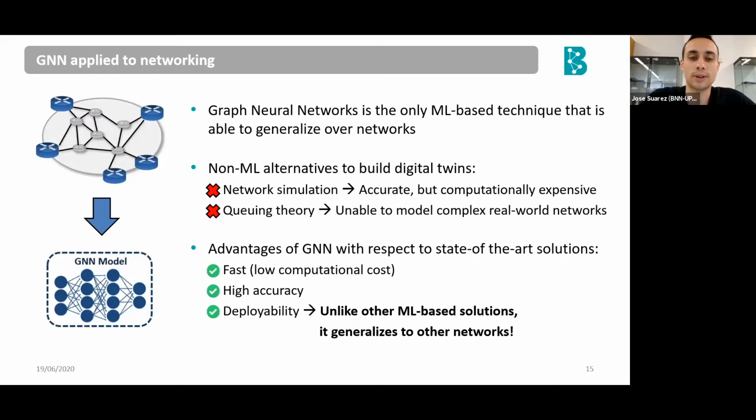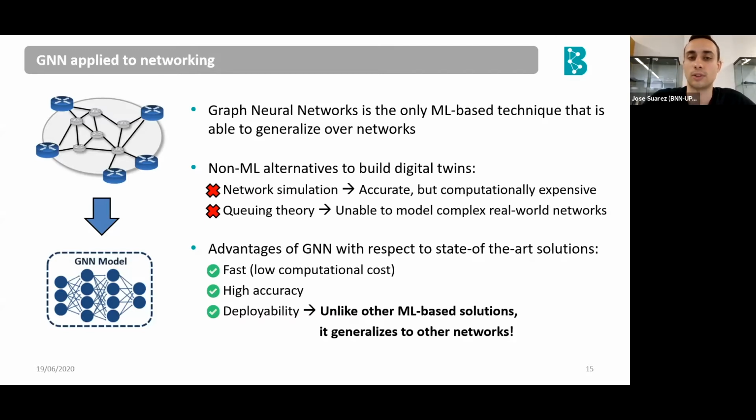And another approach is using analytical models that are mainly based on queueing theory. But these kind of models are well known to be unable to model complex real-world scenarios with complex configurations and topologies.